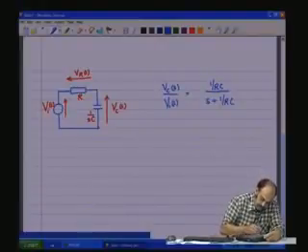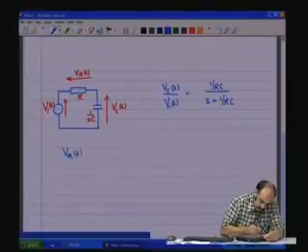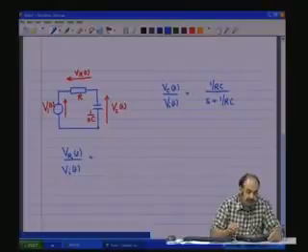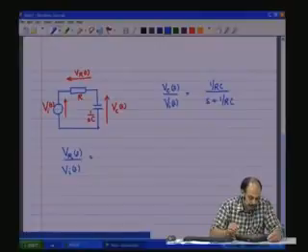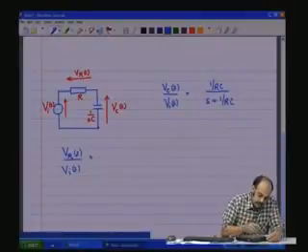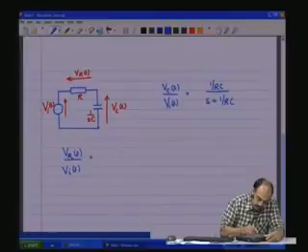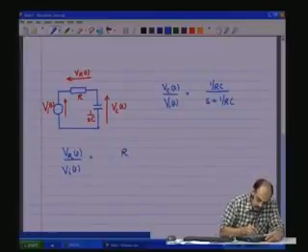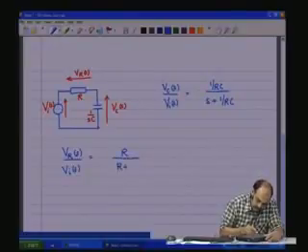Now, what will you get if you want a transfer function of Vr(s) by Vi(s)? You would like to have a transfer function of the voltage across R with respect to the input voltage. Now, here the voltage across R divided by R plus 1 by sC.